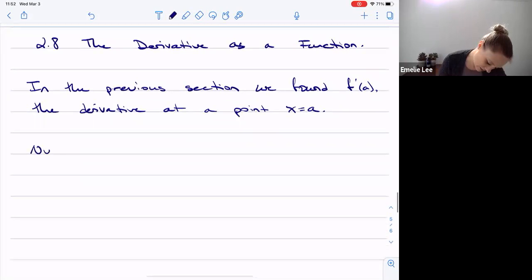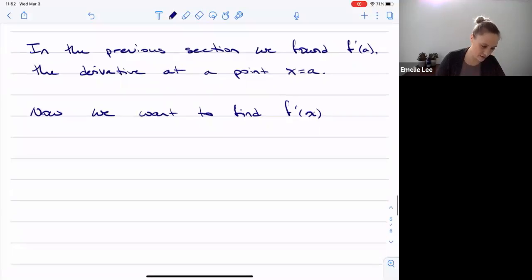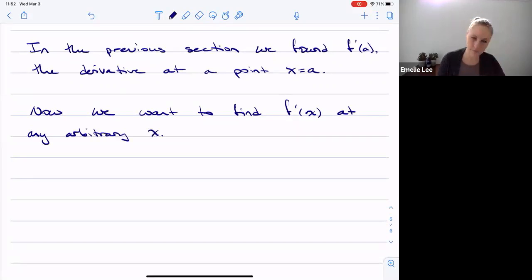So now we want to find f prime of x at any arbitrary x. At the top of the notes, we have what we call the limit definition of the derivative.